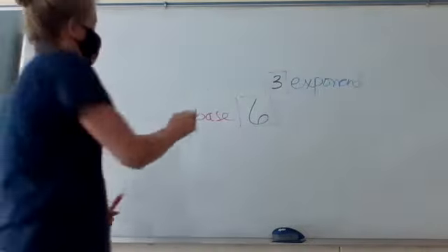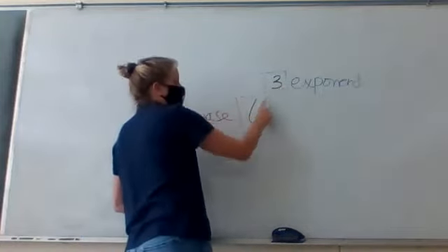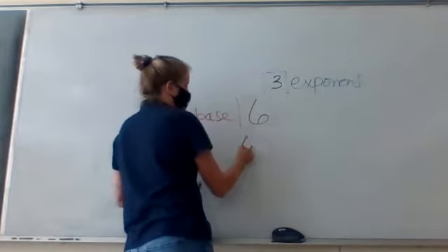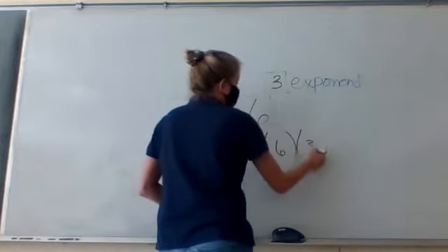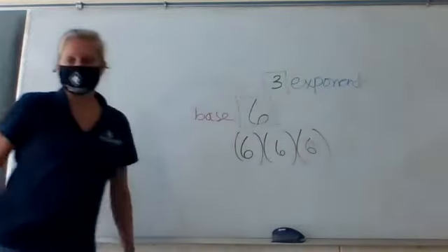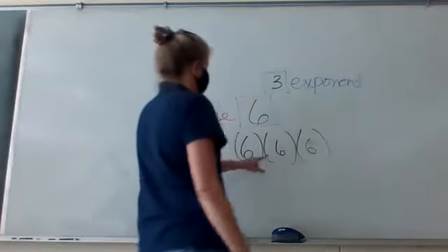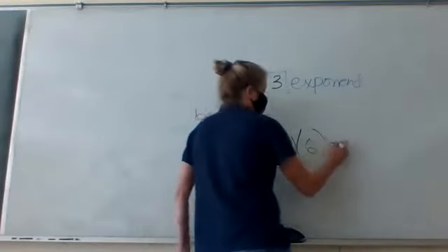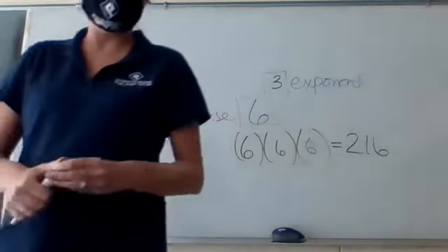So if I have 6, this is called 6 to the third power. That means the same thing as multiplying 6 together 3 times, which would mean 6 times 6 times 6, which if you do that in your calculator gives you 216.